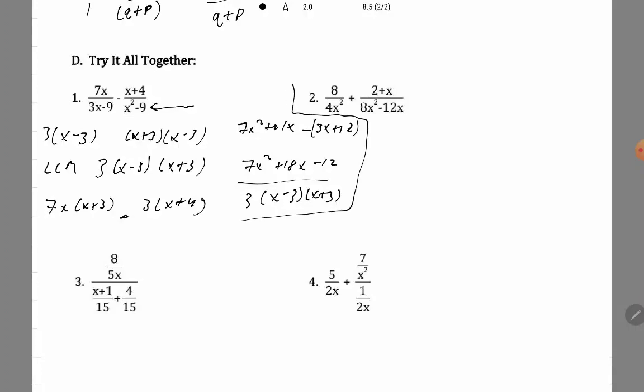Number 2. So just looking at the denominators, I have 4x, so the first one on the left, 4 can be broken down into 2 times 2, and then we have x and x.